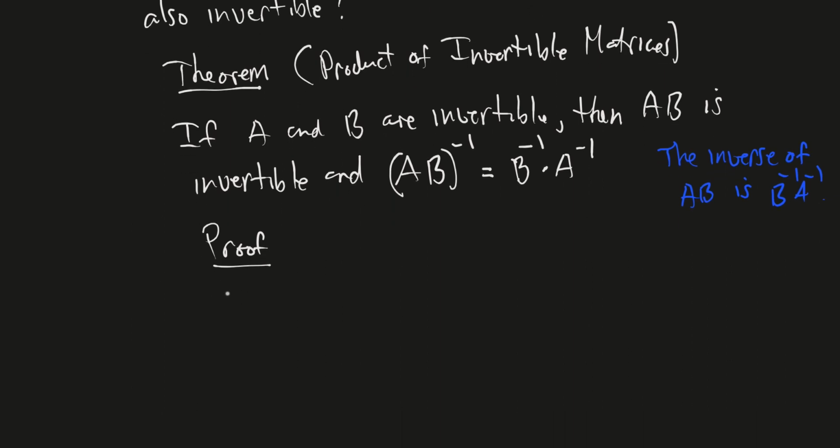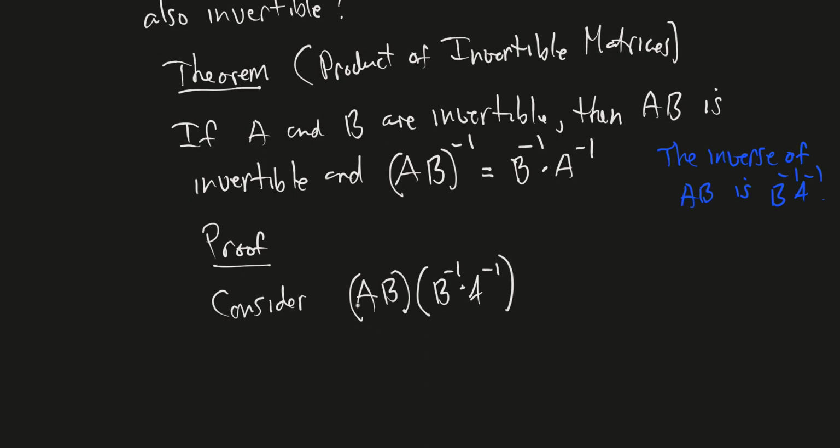So we're going to consider this product. What if I take AB and multiply, and let's put the AB in front and see what happens. So B inverse times A inverse.